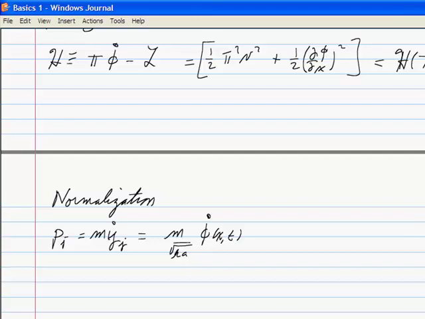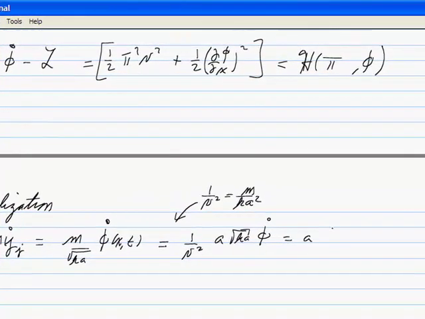Now, if I use, at this stage, 1 over v squared is m over k a squared. That was my velocity, if I remember correctly. This is 1 over v squared, a square root of k a, phi dot, and it's a square root of k a pi.